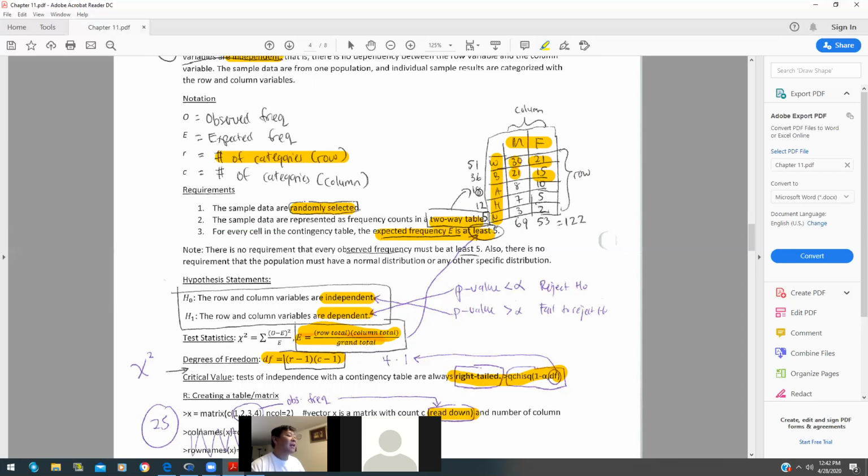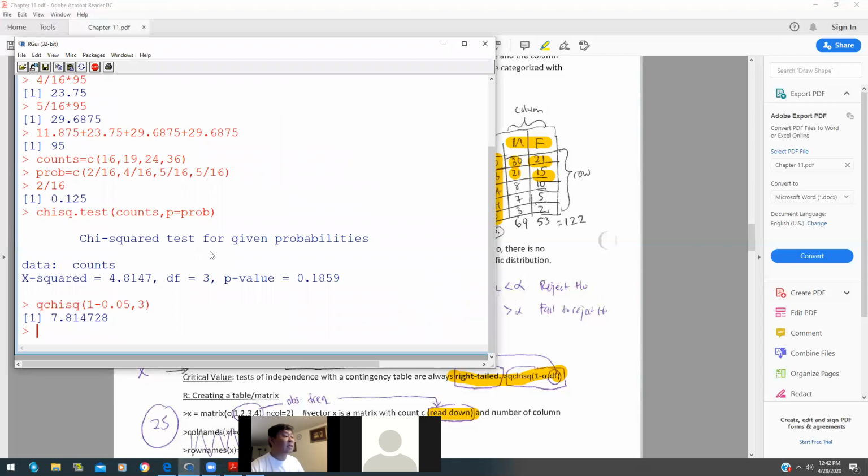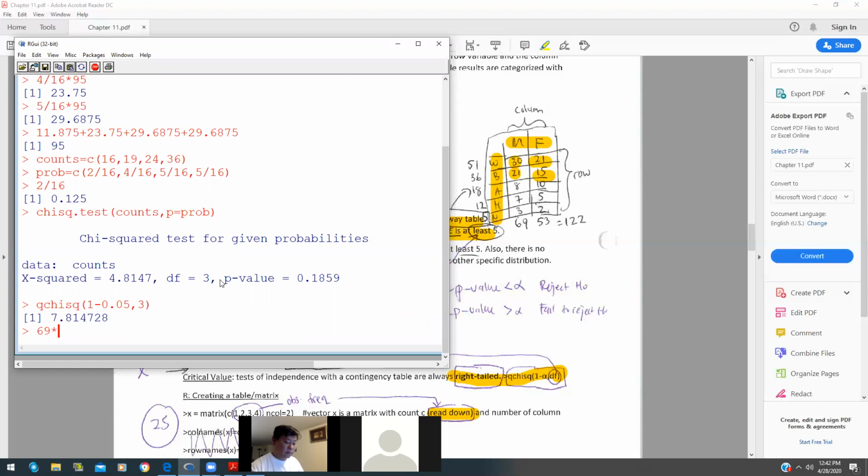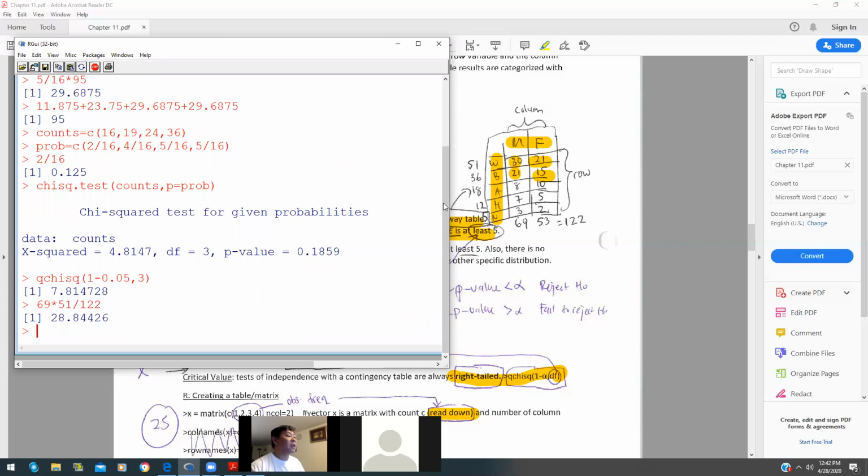So if you want to find the expected frequency for male white, you take the total of 69 times the total of 51, because it's male and white, 69 times 51 divided by 122. That number is the expected frequency for male white.